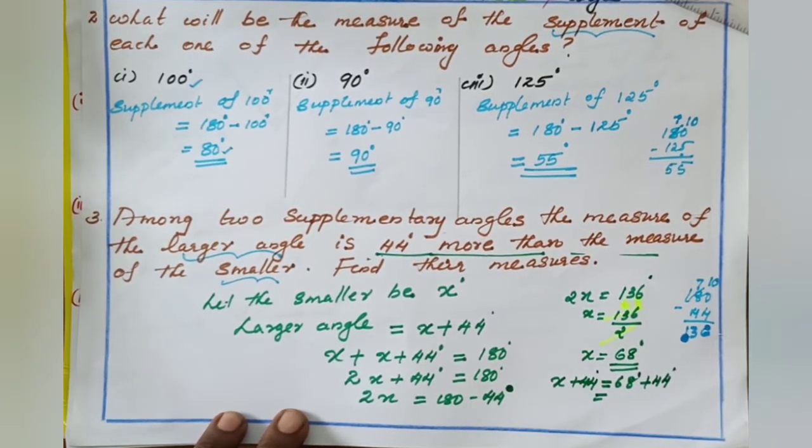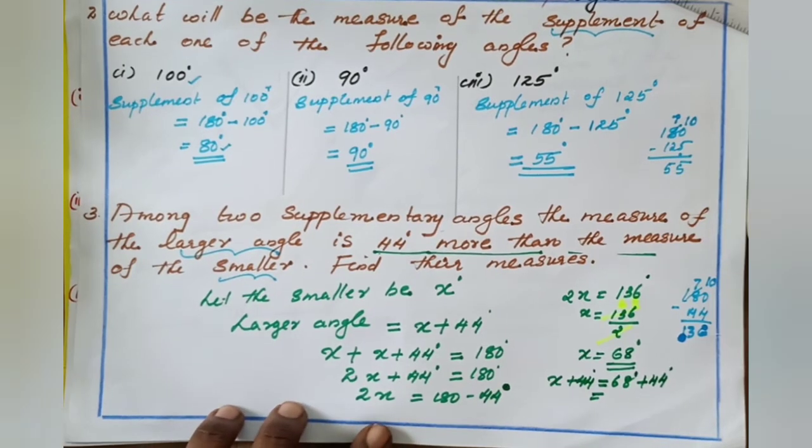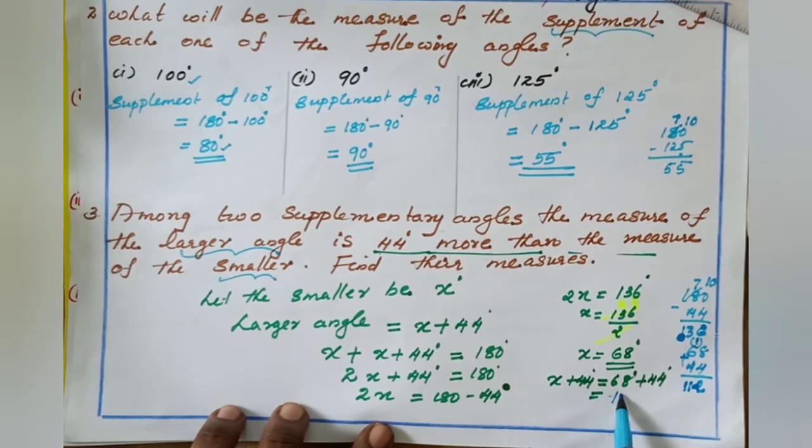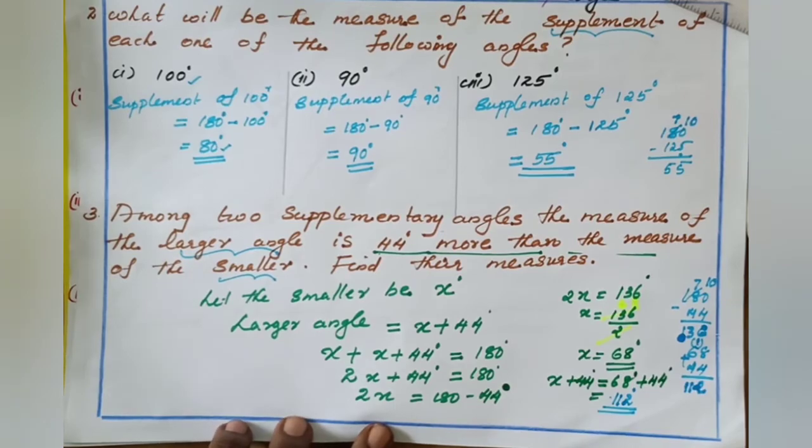Find out the sum of 68 plus 44: 8 plus 4 is 12, 1 balance, 6 plus 1 is 7, 7 plus 4 is 11, 112 degree. So smaller angle is 68 degree and the larger angle is 112 degree. Okay, understood all of you?